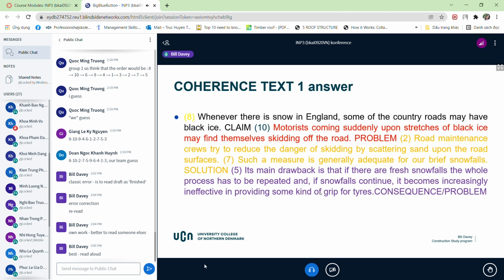Then we have a bit of a problem. We have cars skidding off the road. This is a problem. So then the next sentence is some sort of fix it. And so is the next one. So we have a 2-sentence solution. And then there is a consequence to that solution, which is the drawback, which tells us that the consequence is also a problem.